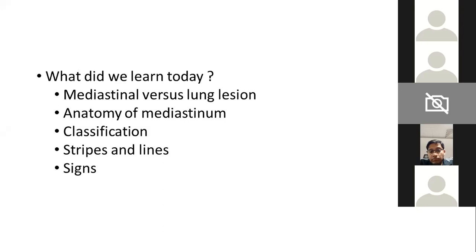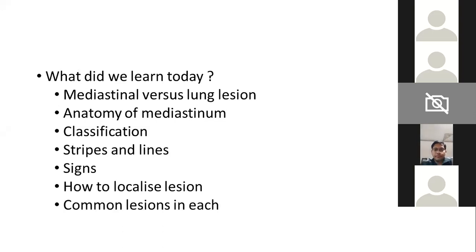Signs, so we discussed some signs that can help us, like hilum overlay, convergence, silhouette signs, cervicothoracic, thoraco-abdominal, and how to localize the lesion to which mediastinum, and some common lesions in each of the mediastinum. So these are what we discussed today.